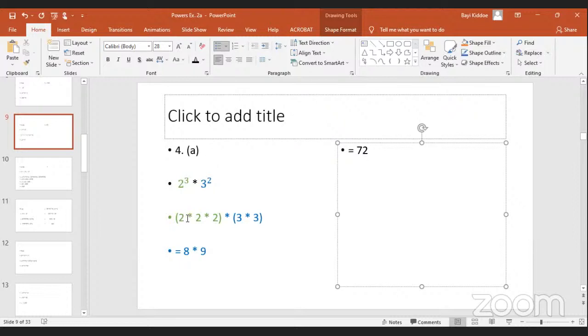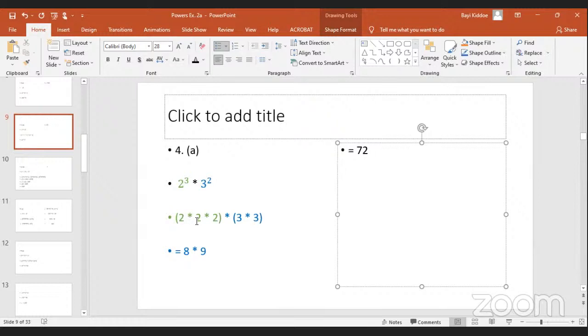And we're going to have 3 to the 2nd power, which is 3 times itself 2 times, not 3 times, which is 3 times 3. So we have 2 times 2 times 2 here. We bring back down the multiplication sign from up here, times, in brackets, 3 times 3.